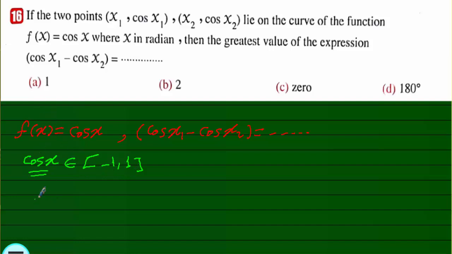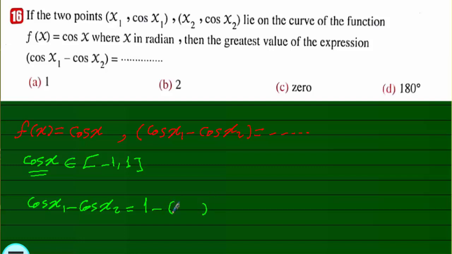So the greatest value of cosine x1 minus cosine x2: putting cosine x1 equals 1, minus cosine x2.